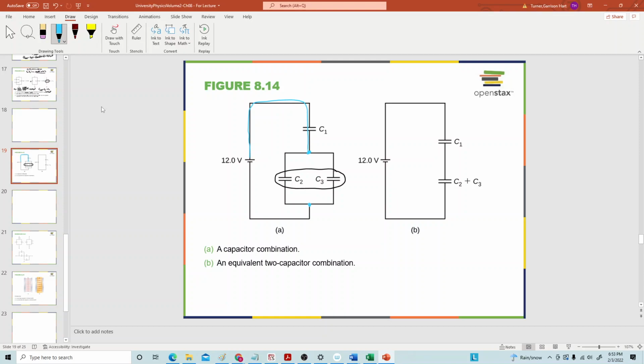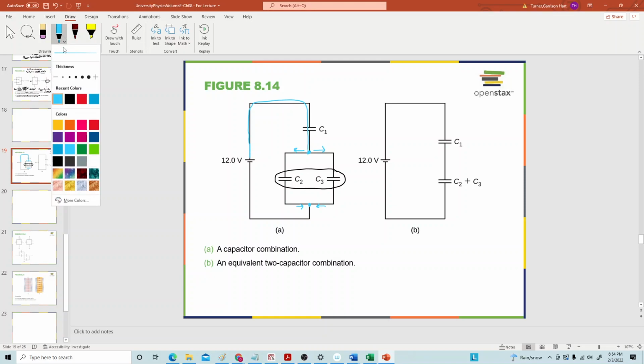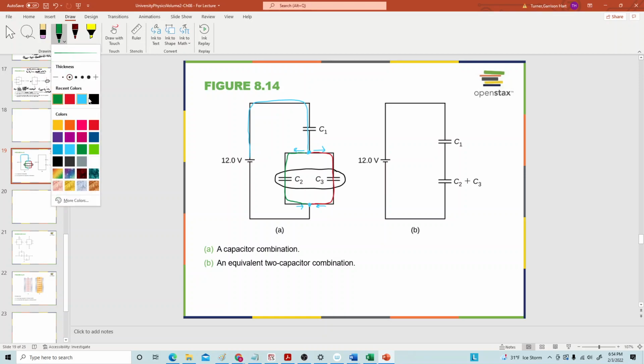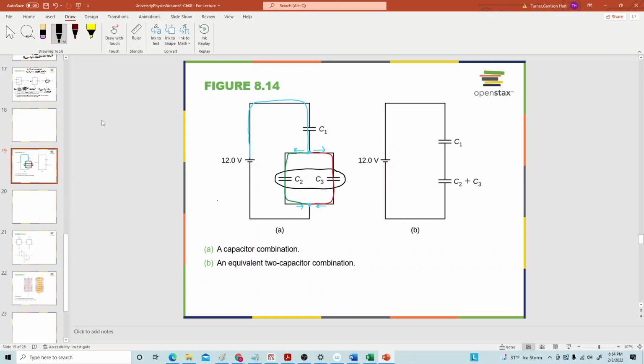So when you have the junctions with multiple branches coming off or meeting back up, then whatever components are in those two different branches. So this would be a branch, and this would be a branch, and then these two branches meet back up at this junction. So what that means is that C2 and C3 are in parallel with each other.